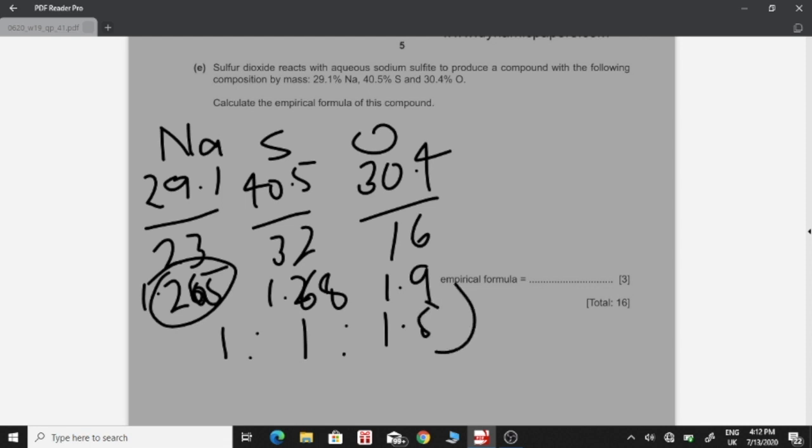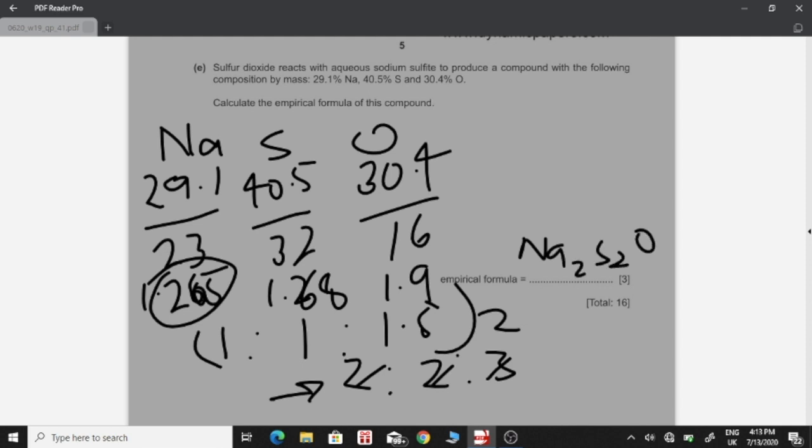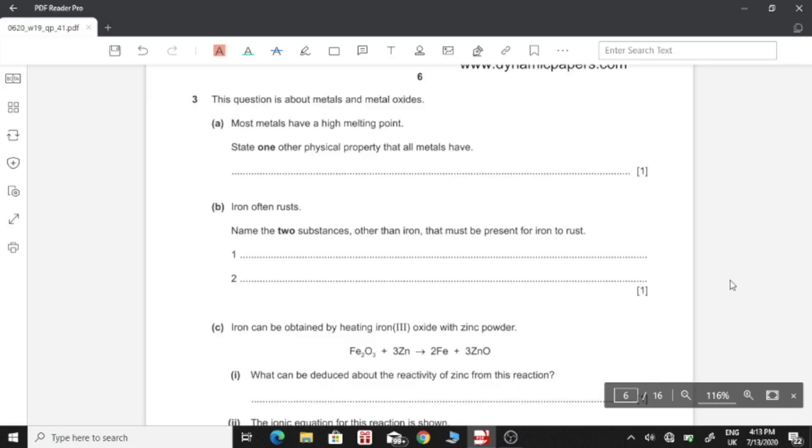Since 1.5 is not a whole number, we multiply all three values by 2, which gives us 2:2:3. So we have 2 sodium atoms, 2 sulfur atoms, and 3 oxygen atoms. So we have the formula as Na2S2O3. Alright, that's it.